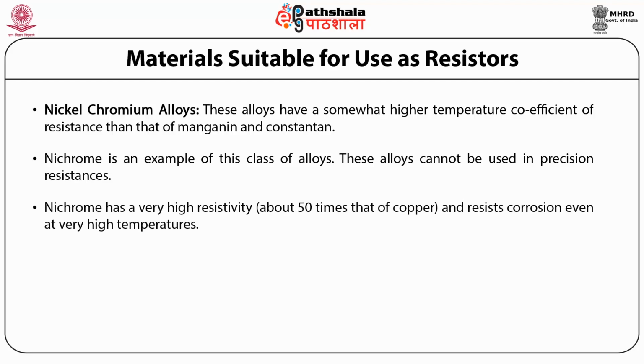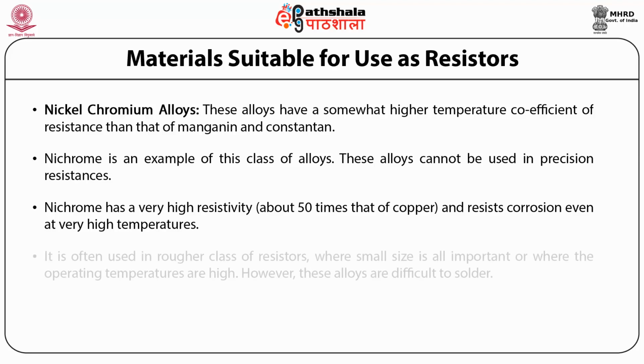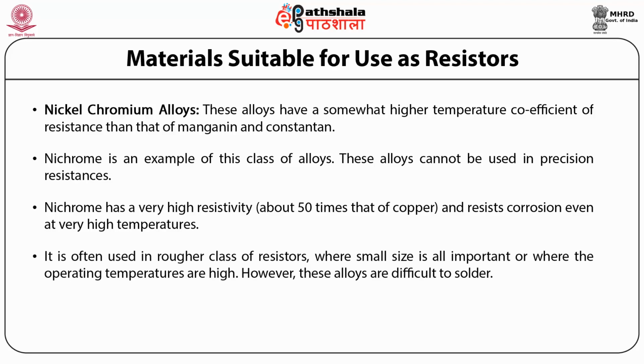Nichrome has a very high resistivity, which is about 50 times that of copper, and it resists corrosion even at very high temperatures. Nichrome is often used in rougher class of resistors, where small size is all important or where the operating temperatures are high. However, these alloys are difficult to solder.